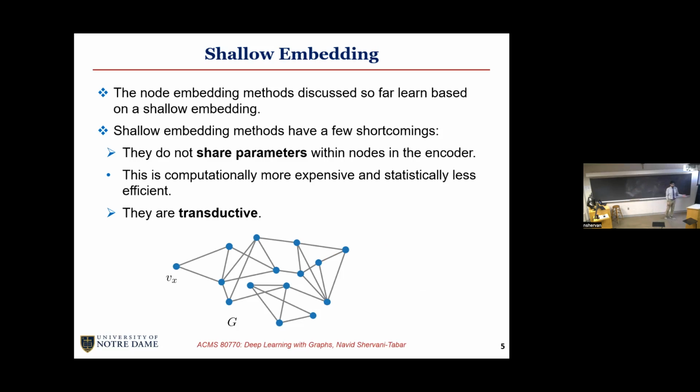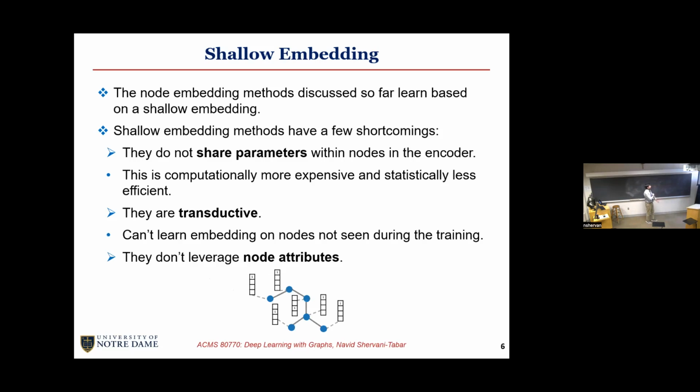For instance, on Twitter, after we computed embeddings for everyone, there's a new user, and this new user is following a couple of other pages. So it is evolving. We want to learn an embedding for this node with the method that we already developed, but it's not possible. We need to do some more optimization in order to find a new embedding for this new node. So it can't generalize what it learned during training to a node that it didn't see before, which means it can't be helpful in inductive applications.